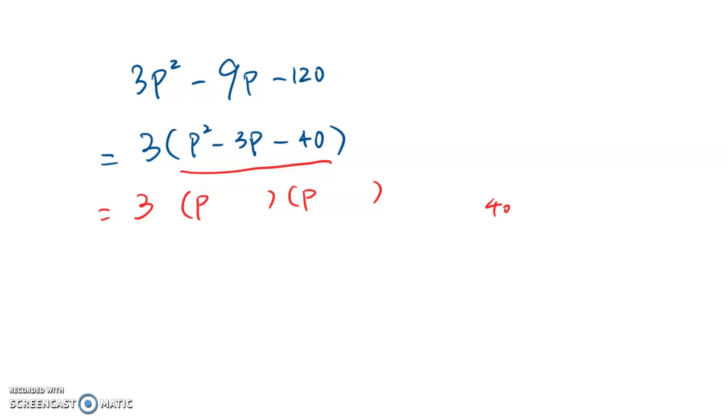Since they multiply to be a negative number, that means one is positive, one is negative. So what times what is 40? It seems like it's 5 times 8. One needs to be positive and one needs to be negative. That means 5 is positive, 8 is negative, so that they add up to be -3, right? And that's the answer of the factoring.